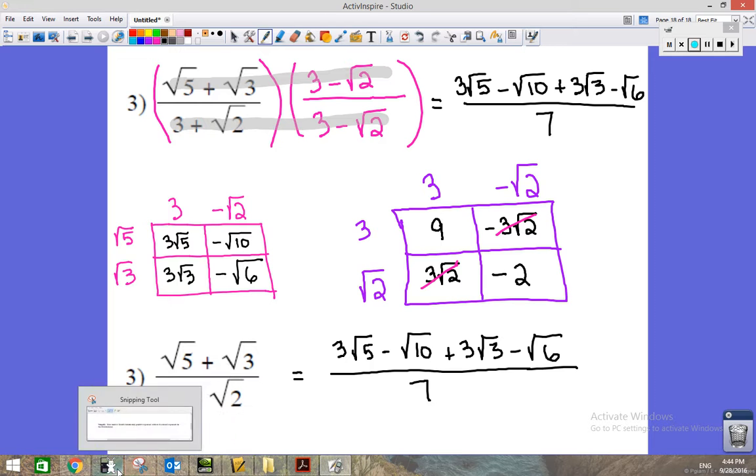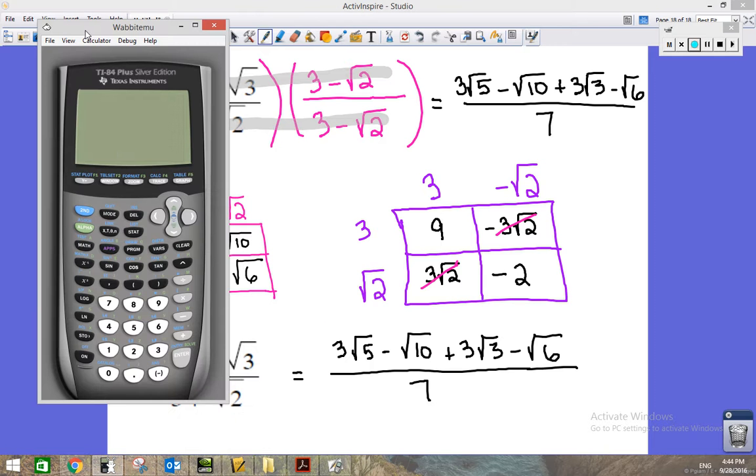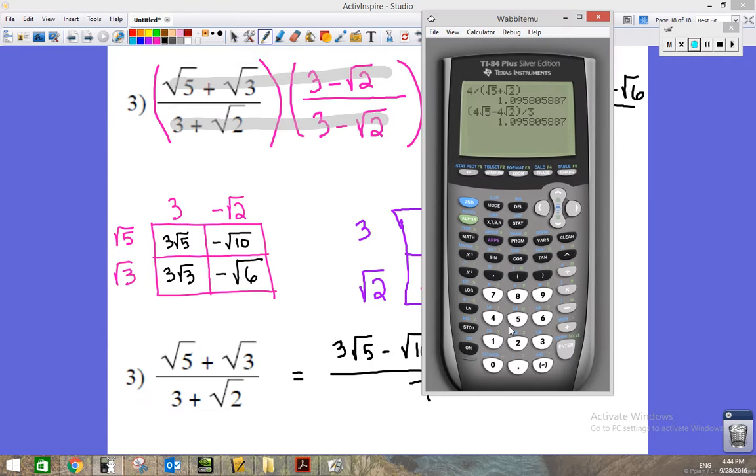Alright, so let's bring up the calculator. We need to put parentheses around the numerator and around the denominator when we key it in to tell them, hey, use this as the whole numerator, not just part of it.